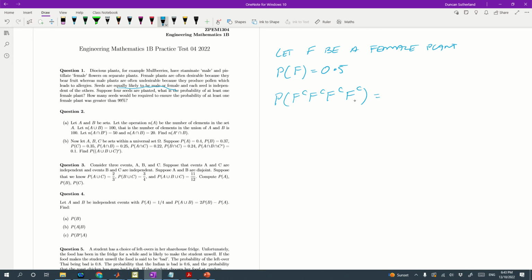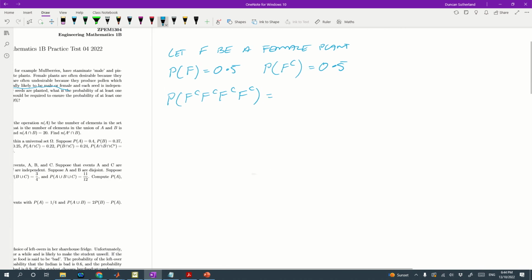They're independent, and the probability of F complement is 0.5 as well. So the probability that we get all male plants is 0.5 times 0.5 times 0.5 times 0.5.